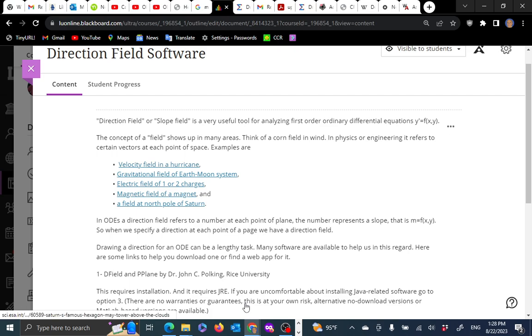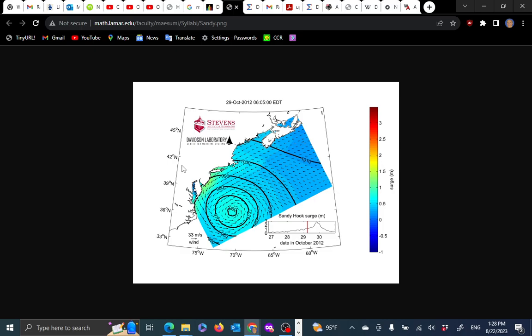So example number one is the velocity field in a hurricane. If I have a hurricane, this happens to be, I guess, Sandy when it was approaching New York City. You see that at every point an arrow is drawn. So it's a velocity field, and the velocity shows how fast the wind is blowing and in which direction.